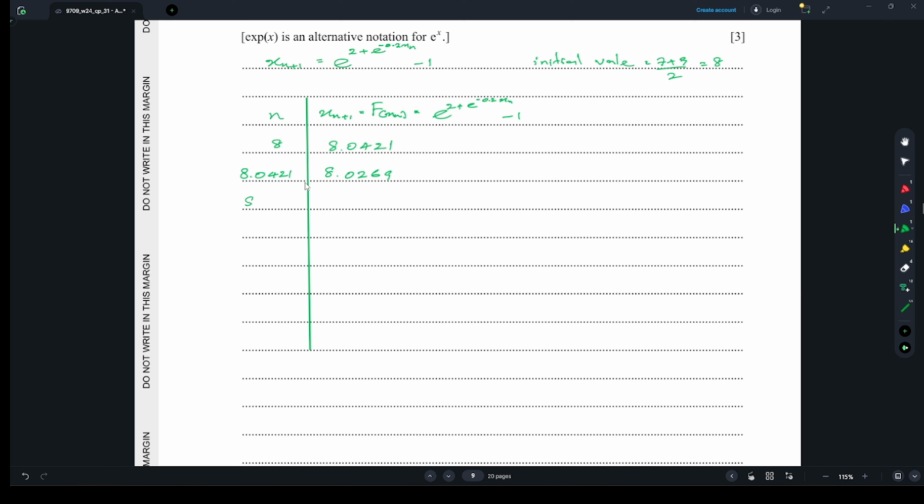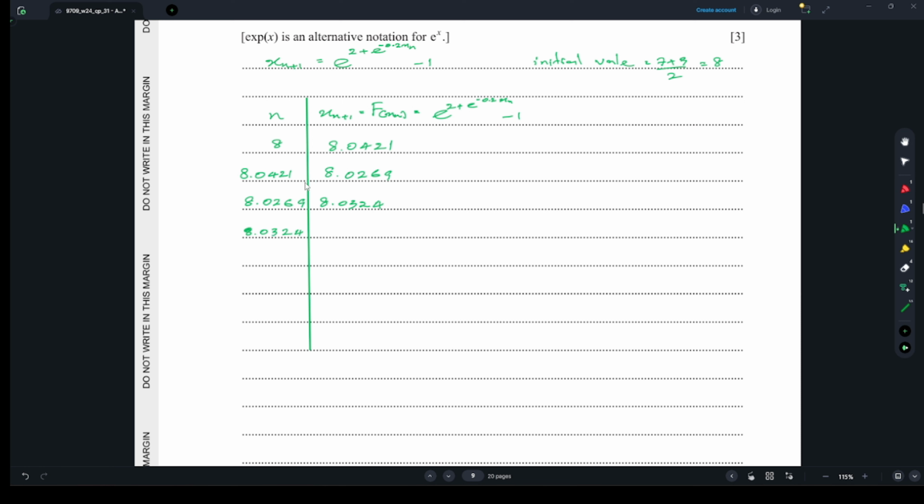No. Then again, when I substitute this one, it becomes 8.0324. Okay, again, it's not that one, and then next goes to the other one.